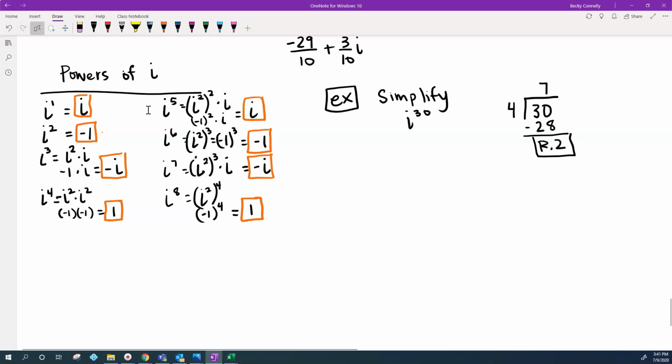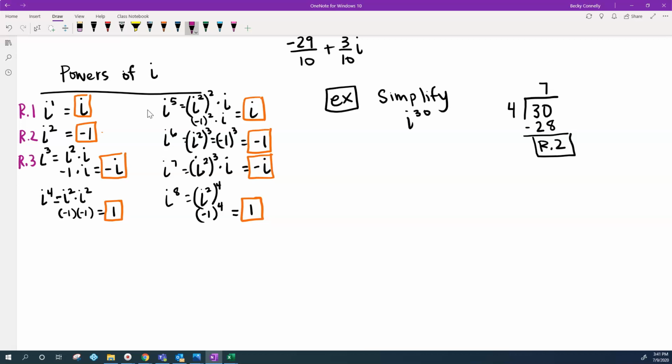So let me write this down. If I have a remainder of 1, I'll always have i for my answer. If I have a remainder of 2, I'll have -1 as my answer. If I have a remainder of 3, I'll have a -i.